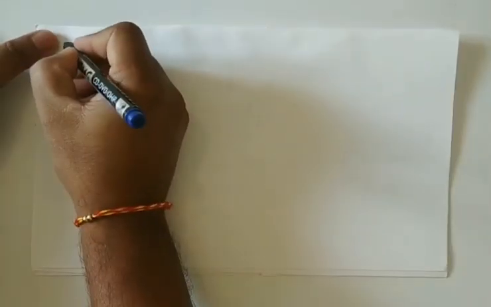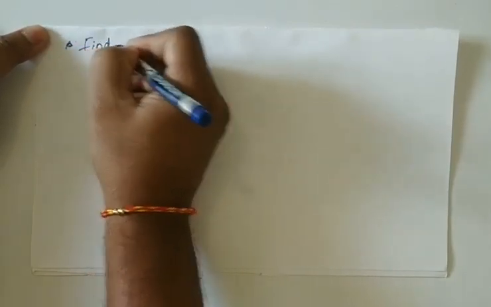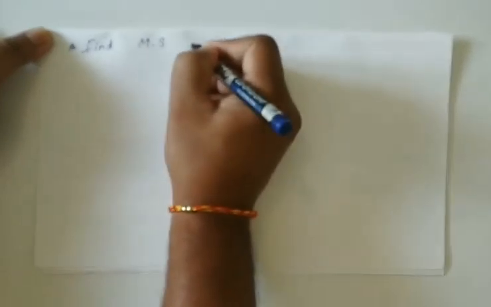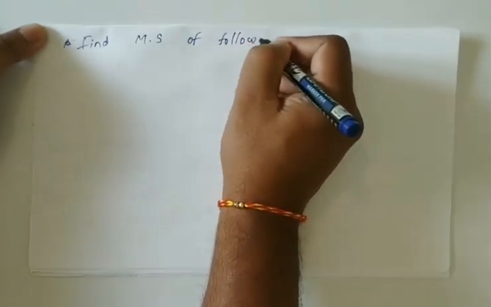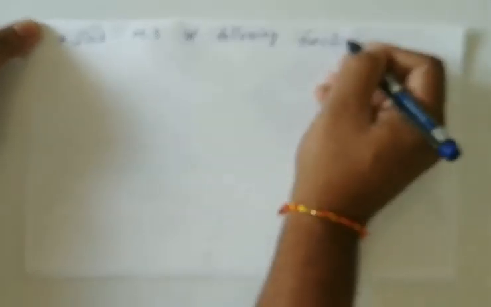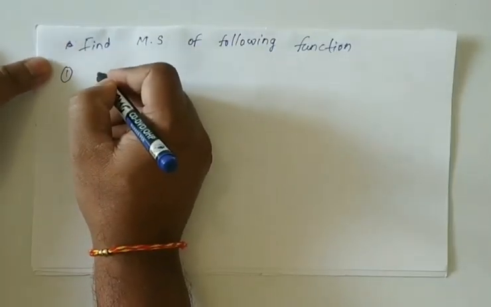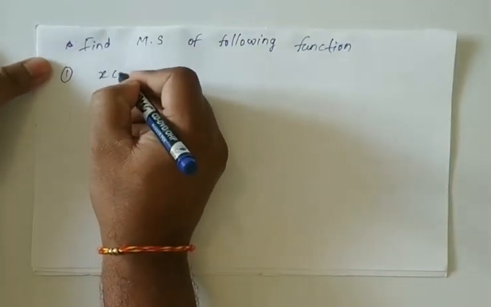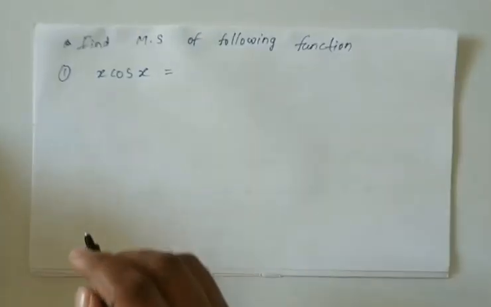Okay, write down, students, problems. Find Maclaurin series of following functions. Okay, first one, x cos x. Already we know the Maclaurin series for cos x.